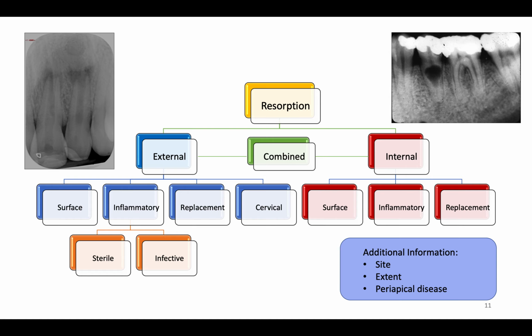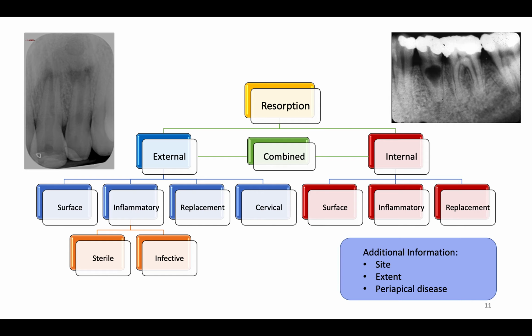Or sometimes you can have both, which is a combined type of resorption. And each of these will have subcategories. For the external resorption, we have the surface, the inflammatory, the replacement resorption, and the cervical resorption. For the internal resorption, we have the surface, inflammatory, and replacement.